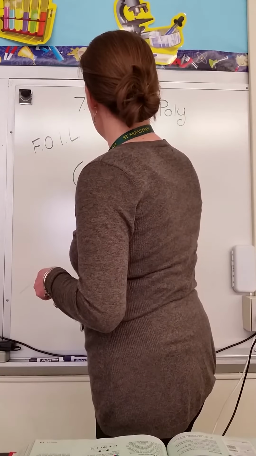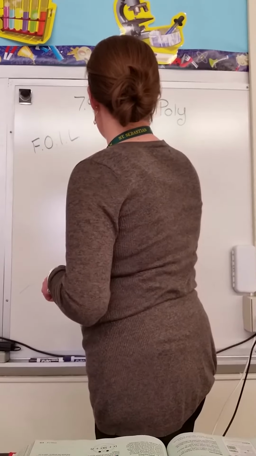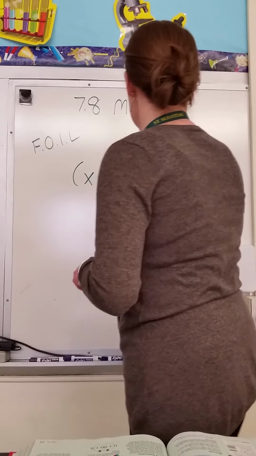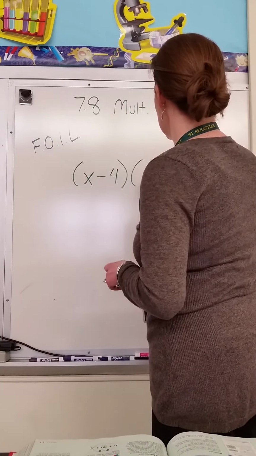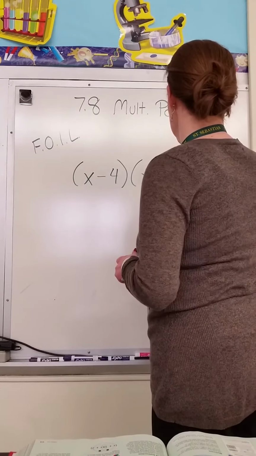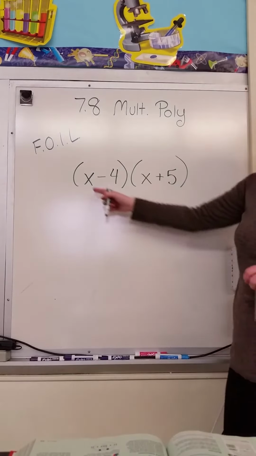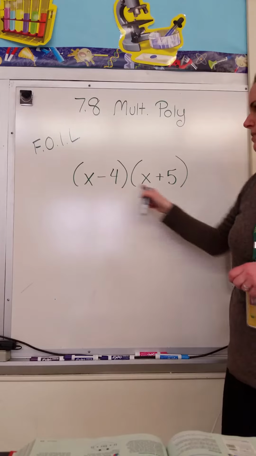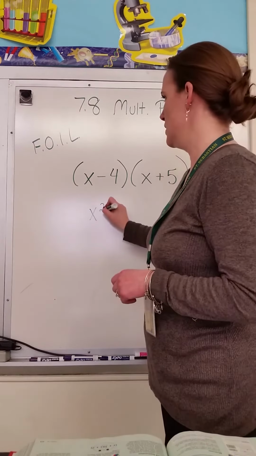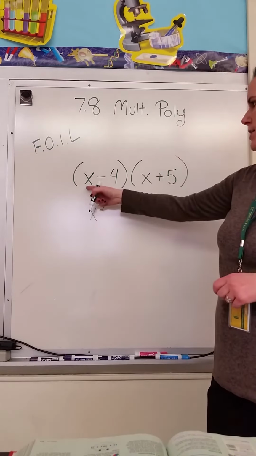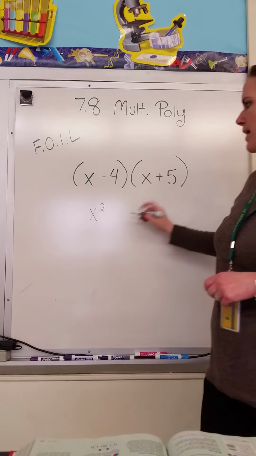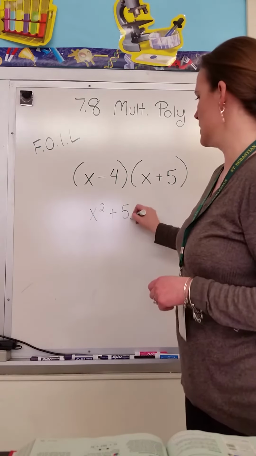So let's say you have x minus 4, and you're timesing that by x plus 5. So you're going to have your first, which is x times x, x squared. Your outside, which is x times positive 5, so that's plus 5x.